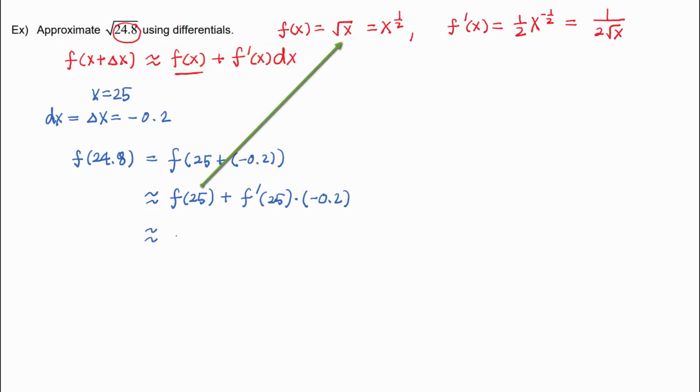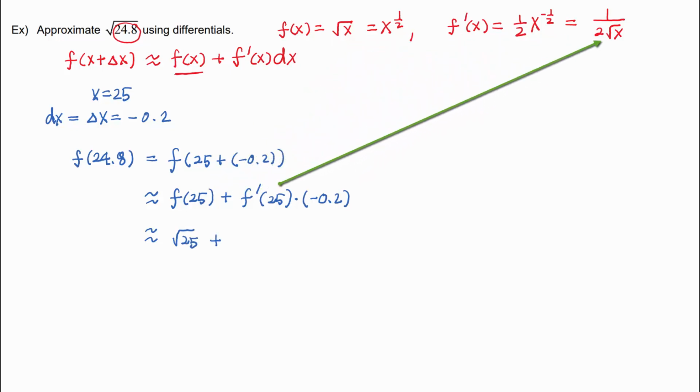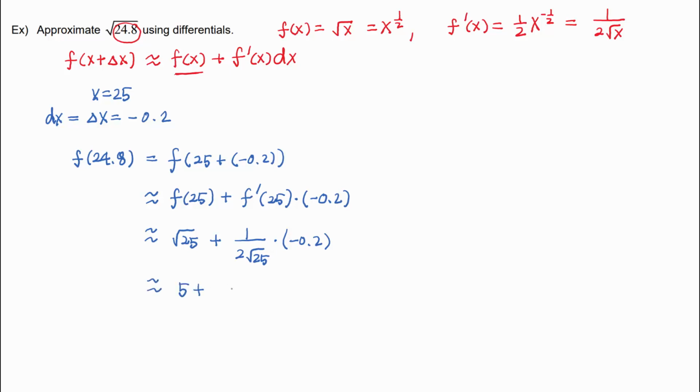And f of 25 is square root of 25, plus f prime of 25, which is 1 over 2 square root of 25, times negative 0.2. You can let the calculator take care of the rest. This is 5 plus 1 over 10 times negative 0.2, which is approximately 4.98. So you approximated f of 24.8 knowing f of x, f prime of x, and dx.